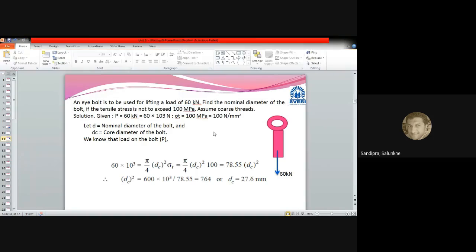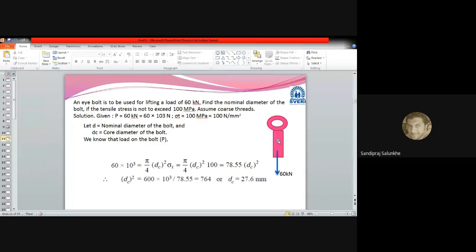So we know that tensile stress is equal to tensile force divided by the cross-sectional area undergoing tension. We are going to consider the nominal diameter as small d, and d suffix c as the core diameter.